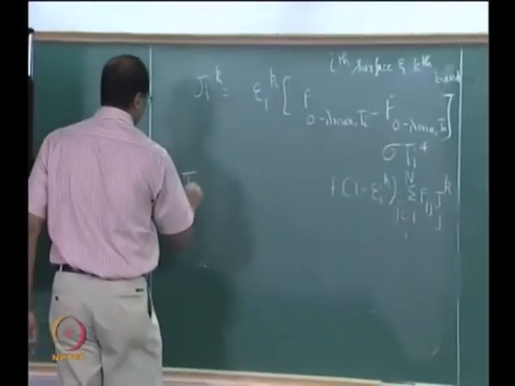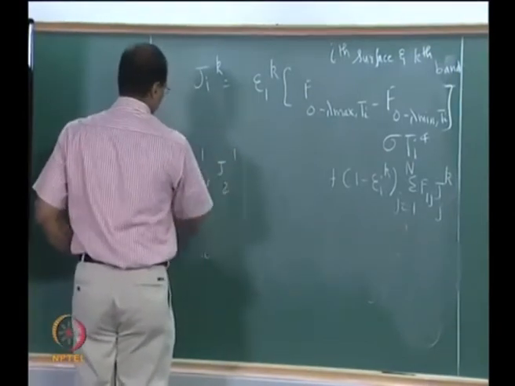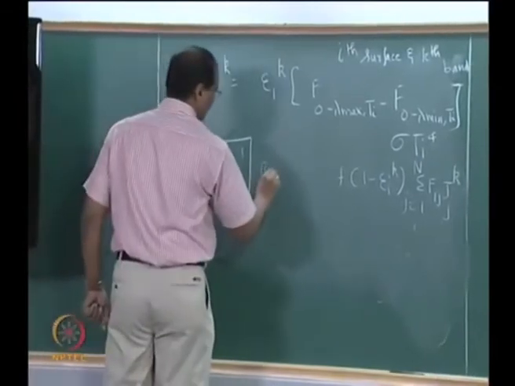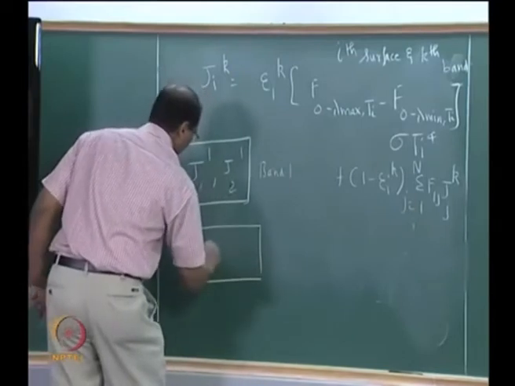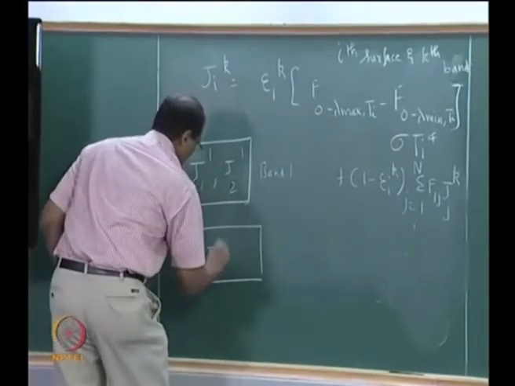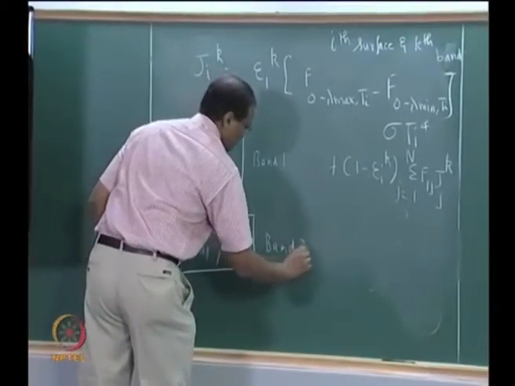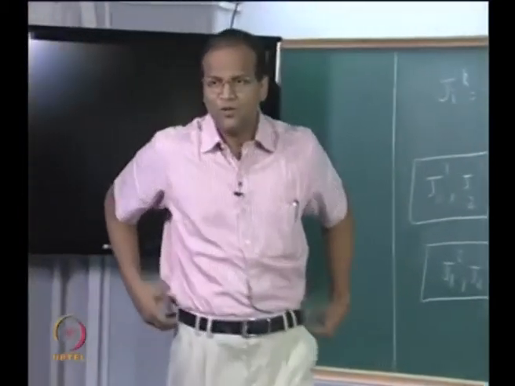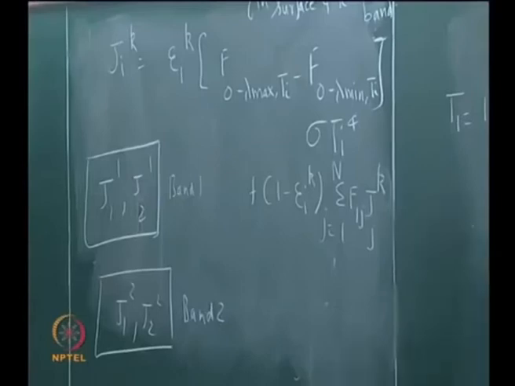So we can solve for band 1. Then you can add the J's, you can add the Q's and get the total Q, right, whatever you want.